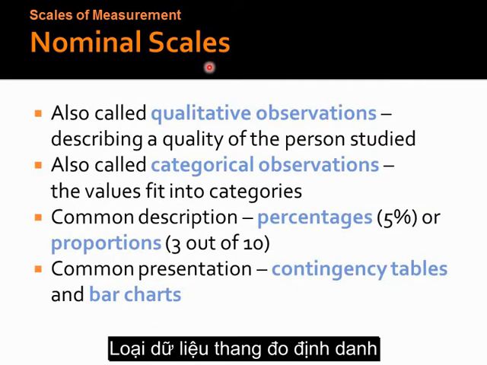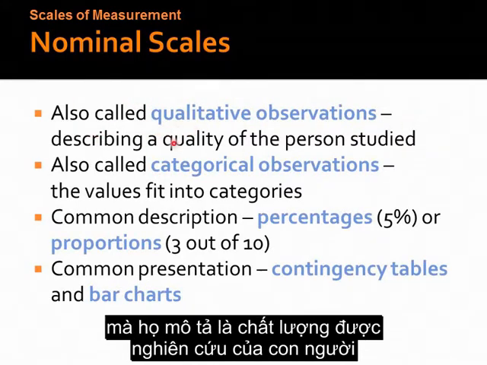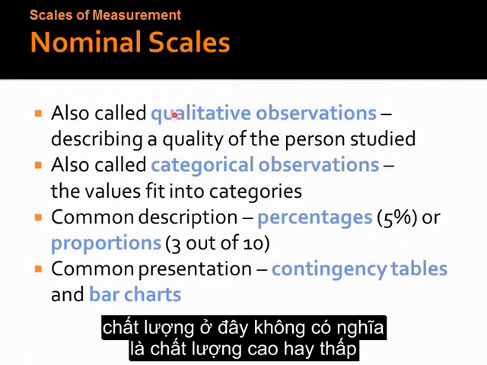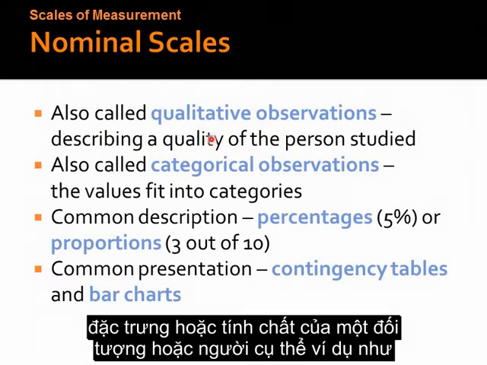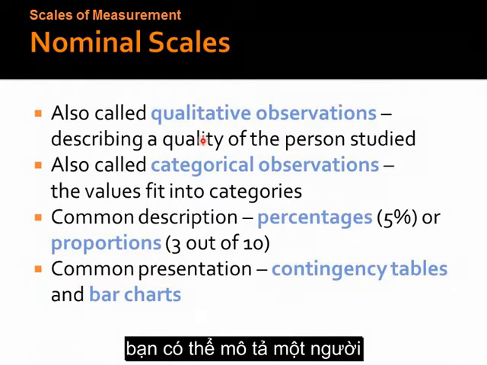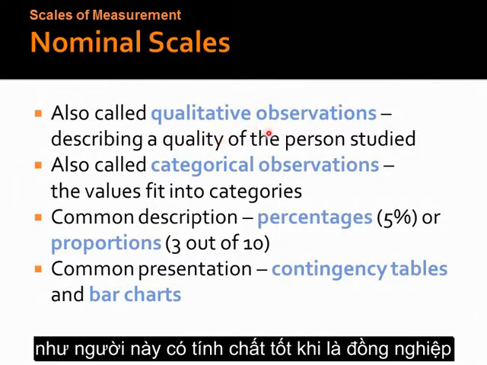Now, nominal scale type data has another name. Some people call it qualitative observations, where they describe a quality of the person being studied. Now, quality here doesn't mean high quality, low quality. Quality here means the characteristic or the property of a particular object or a particular person. For example, you might be describing a person, say this person has the excellent quality of courage.